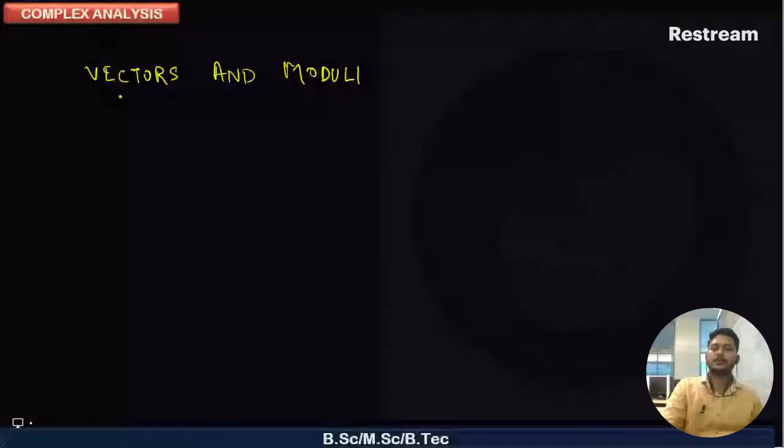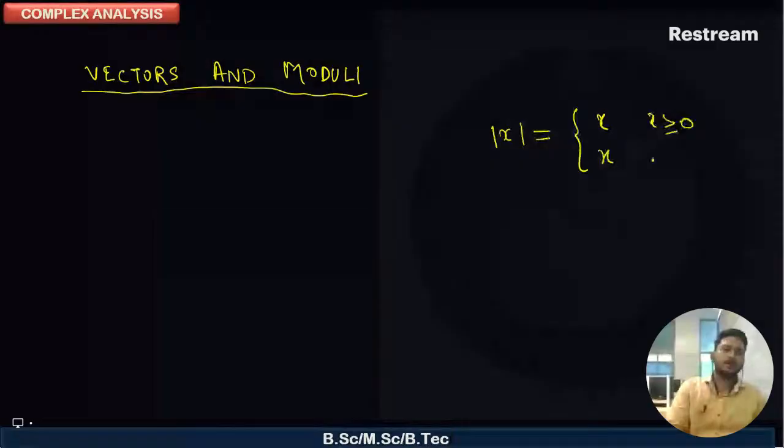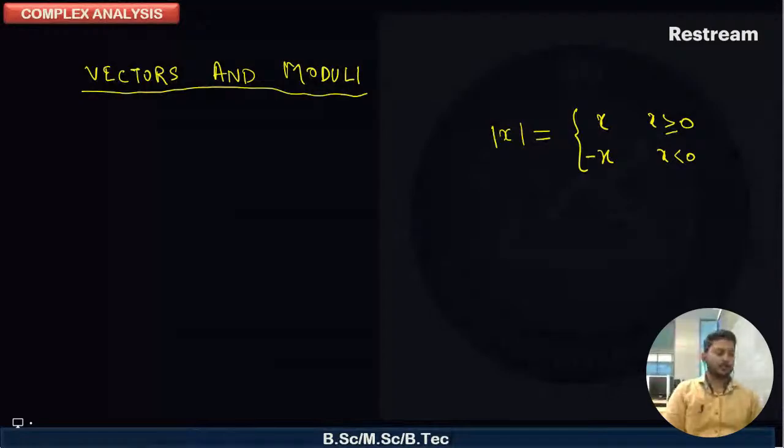In previous classes you used mod x, which gives you x when x is greater than or equal to 0, and minus x when x is less than 0. So in class 12 you also studied the basic operations using mod.